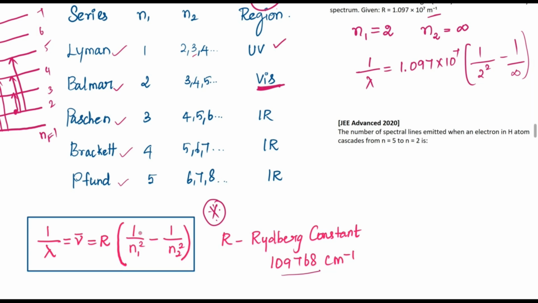So 1 by 4 into 1.097 into 10 to the power 7. You just have to take the inverse, right? So that I can get a wavelength.